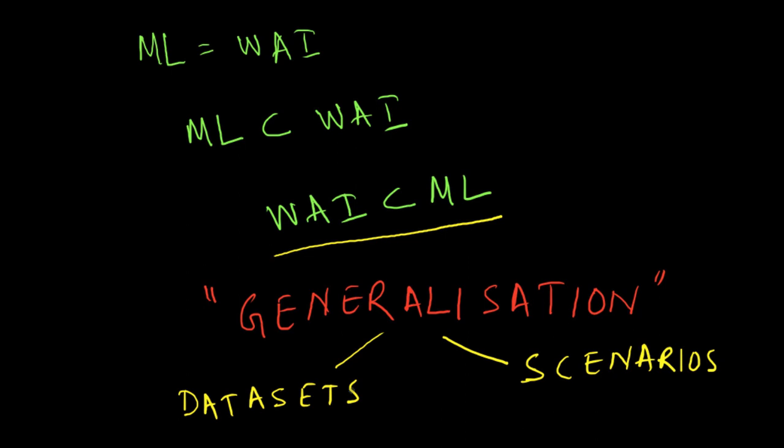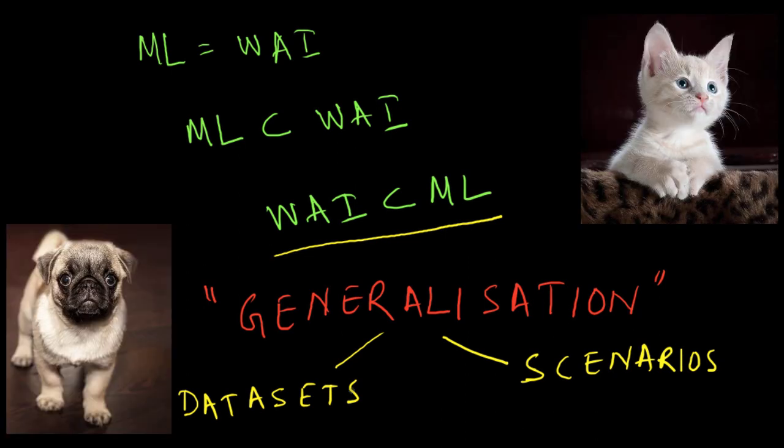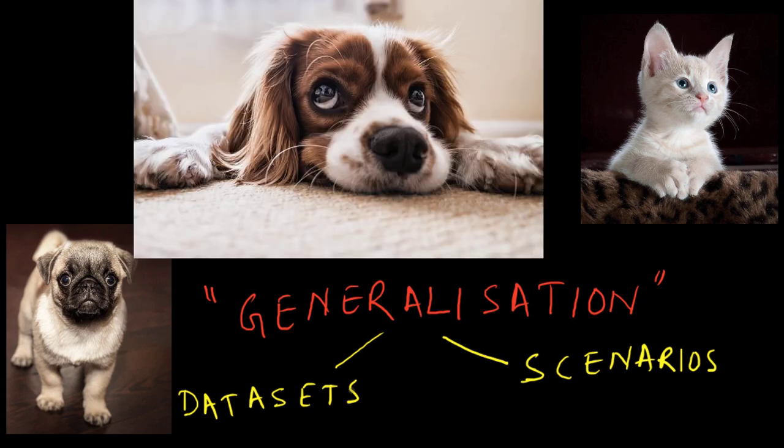For example, even if we take the problem of dogs and cats, and you have trained your machine learning algorithm over 1,000 images of dogs and cats, it may still turn out that the algorithm fails when you give it a new image, even though the new image was of a dog or a cat. That is because machine learning algorithms essentially try to capture patterns in the training data set that you have given them. And if the new image does not have those same patterns, then the algorithm will completely fail.